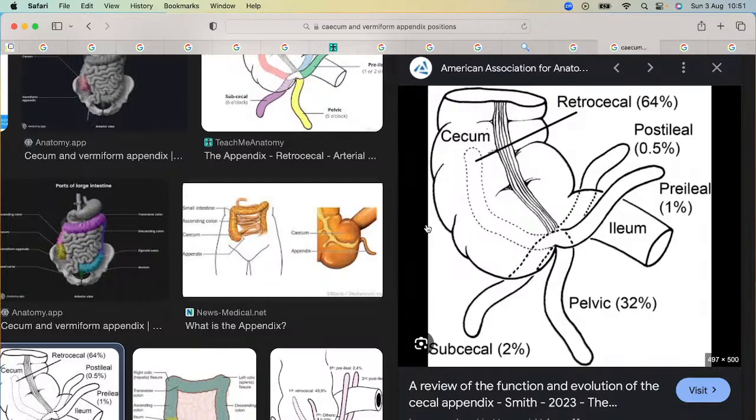They could ask as a question, what are the positions of the appendix? They won't say 6 even, you'll have to write them down. You have to remember that there are 6, and they can also ask what is the commonest position, the retrocecal. They'll also ask about the blood supply of the vermiform appendix, which we saw earlier.